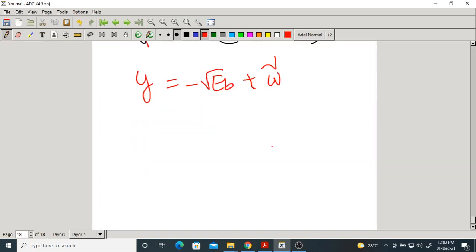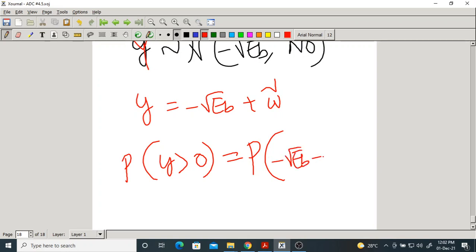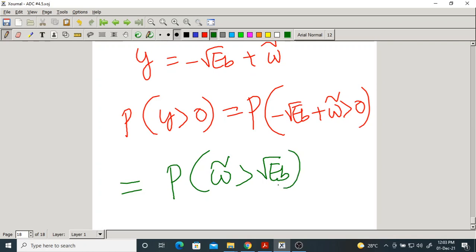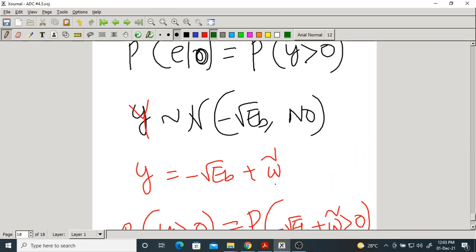So the probability of y greater than 0 is nothing but the probability that minus root Eb plus w tilde is more than 0. If you go by the same calculation as in BPSK, you have to find the probability that w tilde is more than root Eb. Just like in the previous case, w tilde is not normalized.